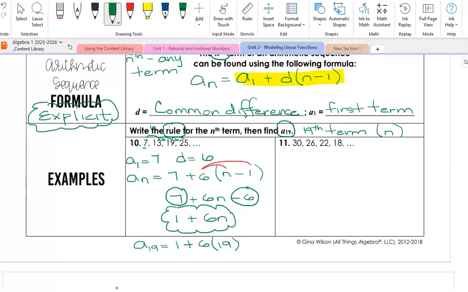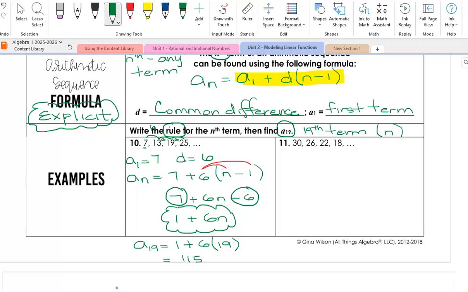Please put this in Desmos like it is. Do not add 1 plus 6 and do 7 times 19. In PEMDAS, we never add first. We multiply first, and then we add. So the answer to this is 115.